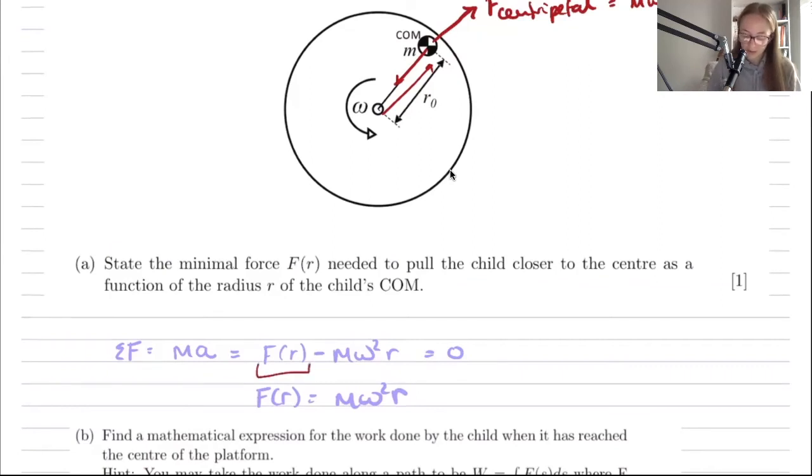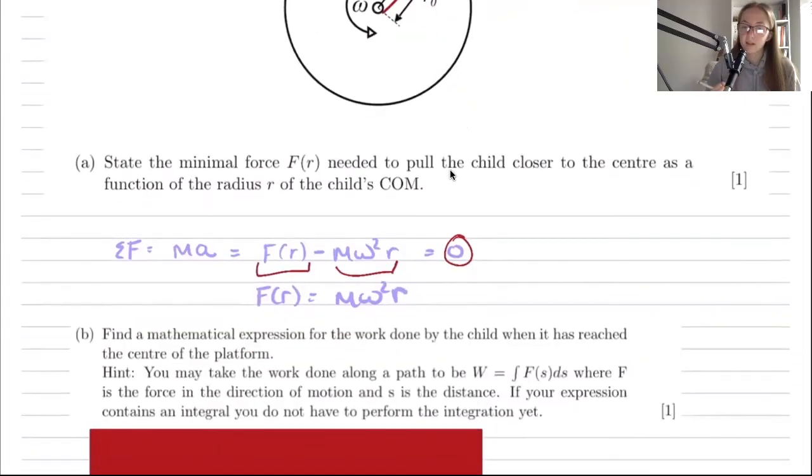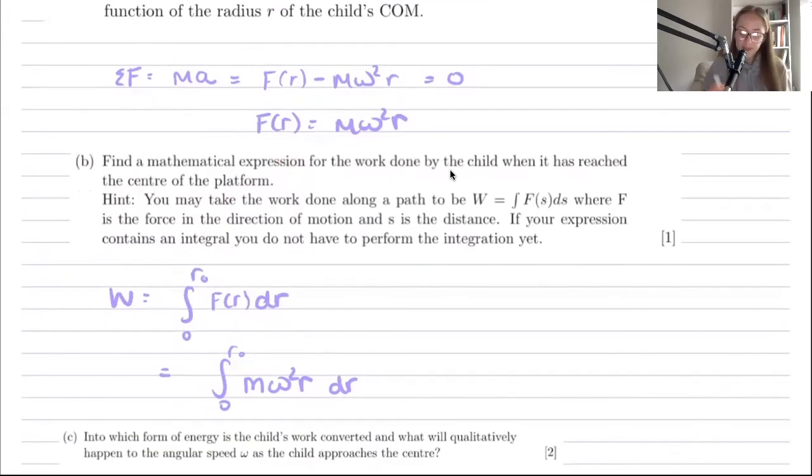So our Fr, our pulling force, minus our centripetal force will be equal to 0 on this boundary. So the value that we need to exceed to move inwards for Fr would be equal to m omega squared r.